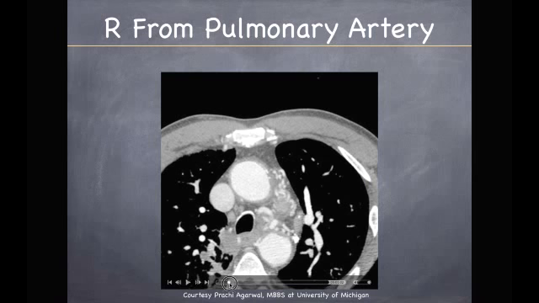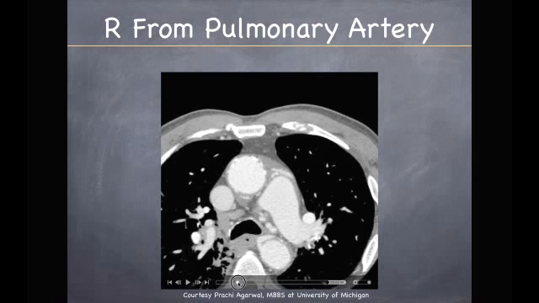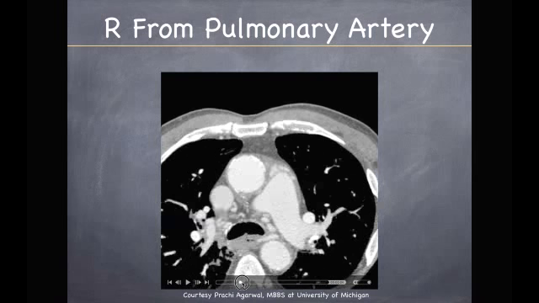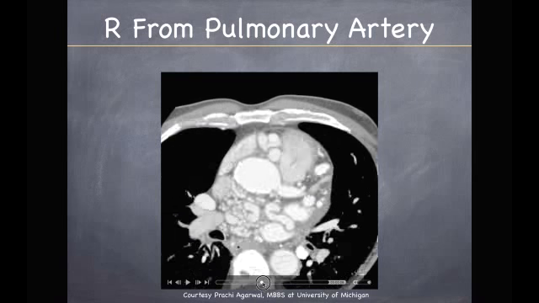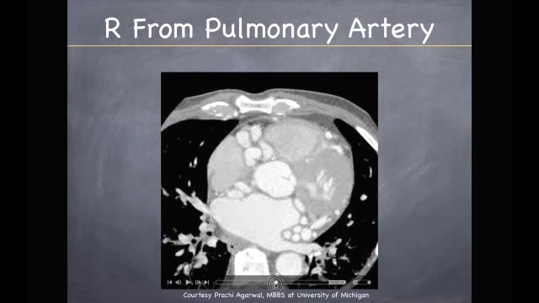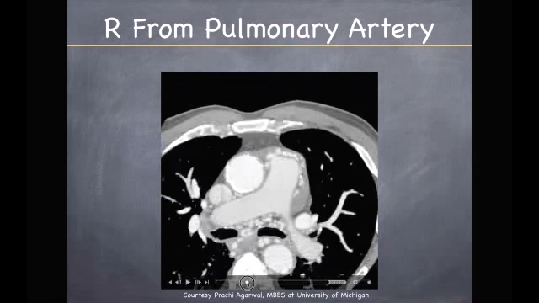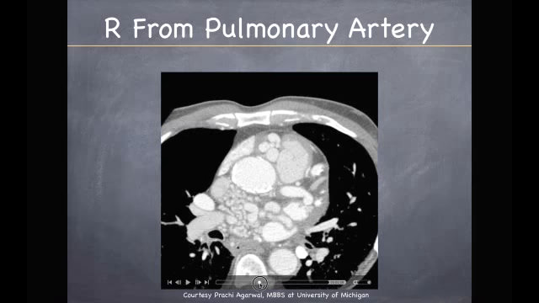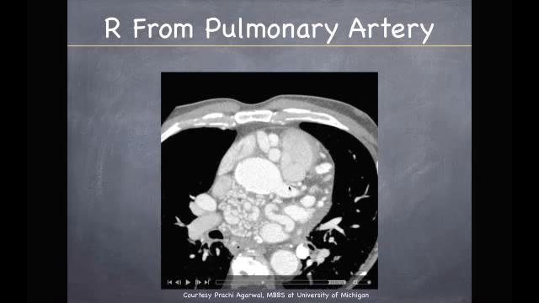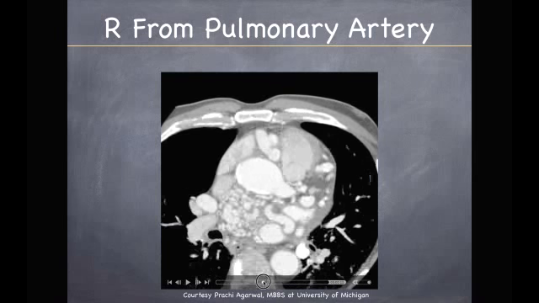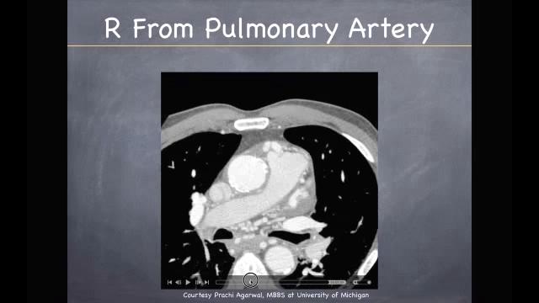Here's just the opposite. So this is fairly unusual. I've only seen this one case, which is courtesy of Prachi Agarwal from Michigan. And in this situation, you can see that there's extensive collaterals. Many of these collaterals are actually bronchial arteries, but the others are these big dilated coronary arteries. The left main coronary artery is very dilated. This was a patient who was fairly elderly, around 70 years of age.